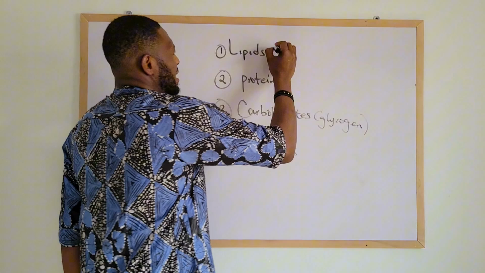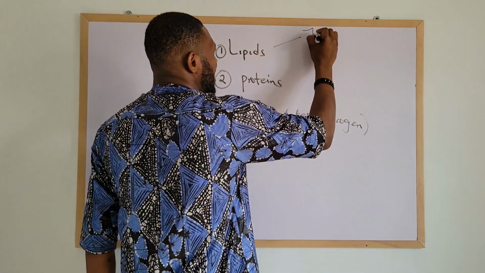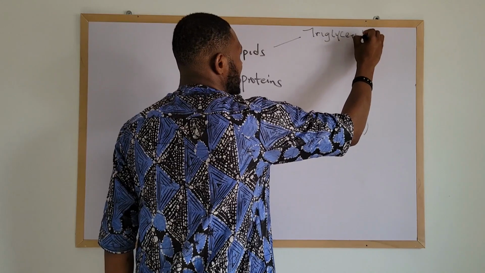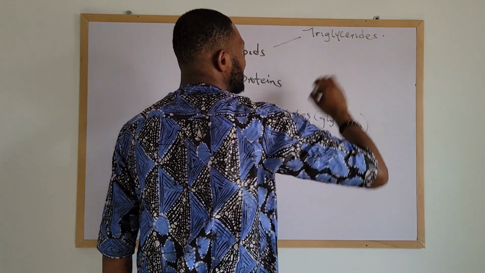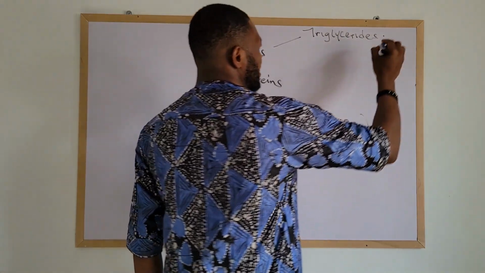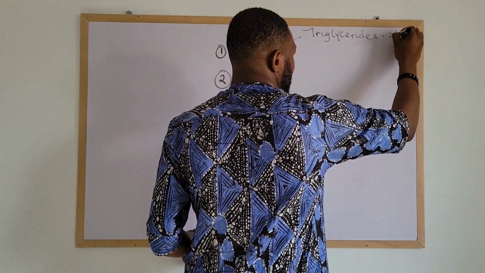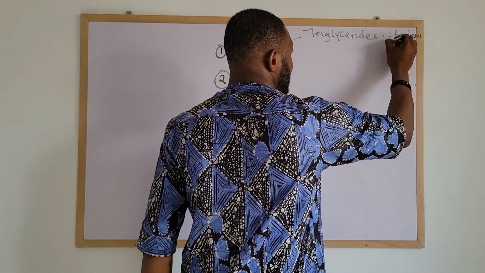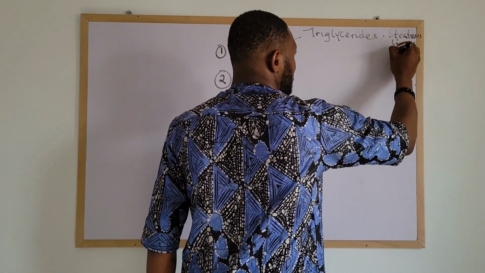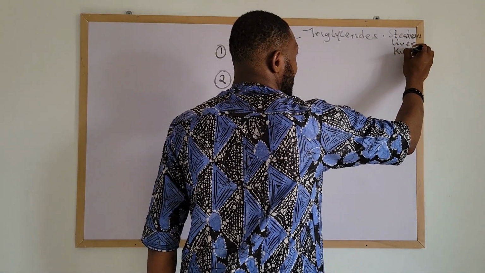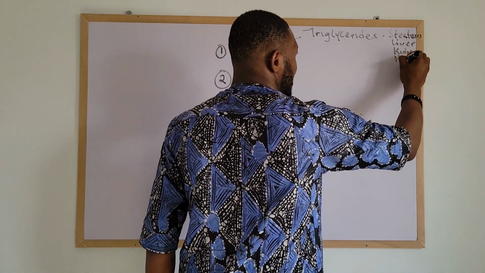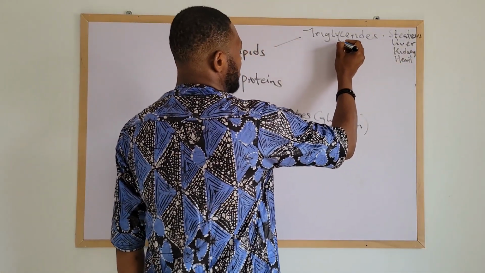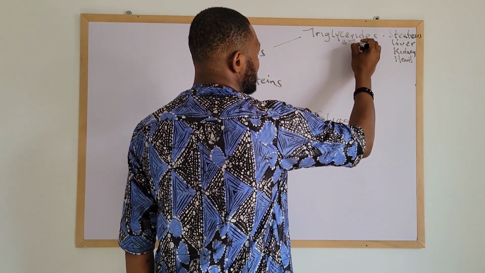And among lipids, we can have triglycerides. Triglycerides can accumulate within the cell, and we see triglycerides accumulating in steatosis. We have mentioned this before, steatosis, where it can accumulate in the liver, it can accumulate even in the kidney, it can accumulate even in the heart. And the reason for that may be as a result of toxins.